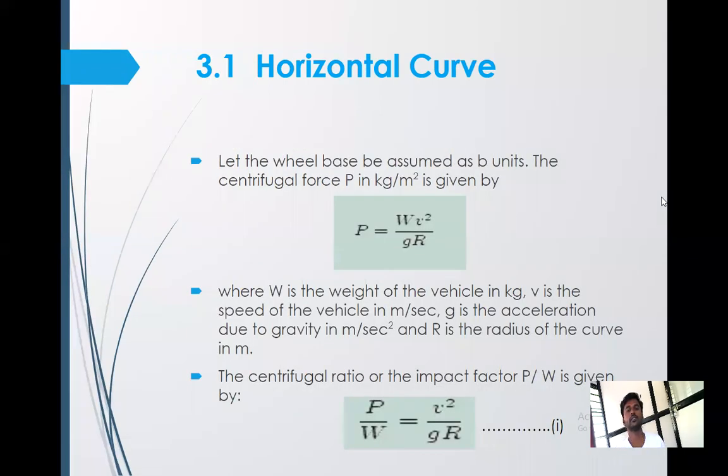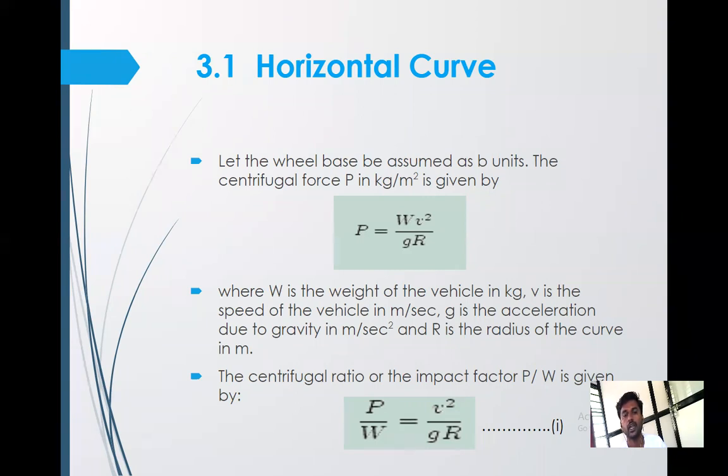Let the wheelbase be assumed as b unit. What is the formula for calculating the centrifugal force? P is equal to W V square upon G R. This formula we have seen in the first year.